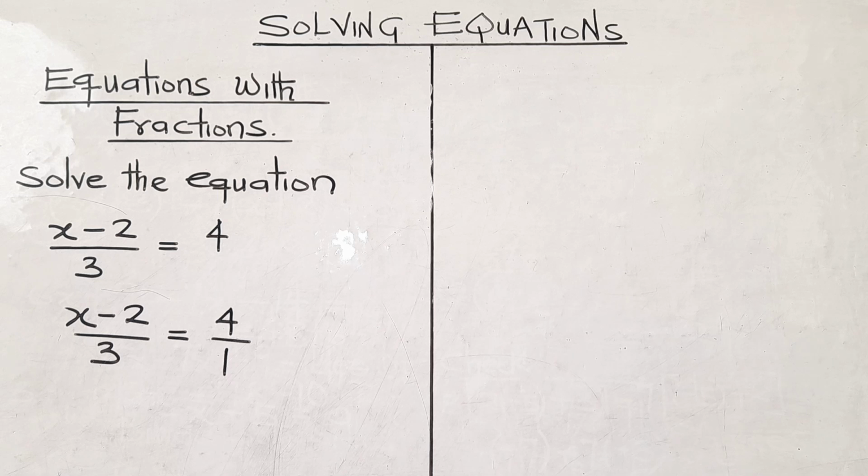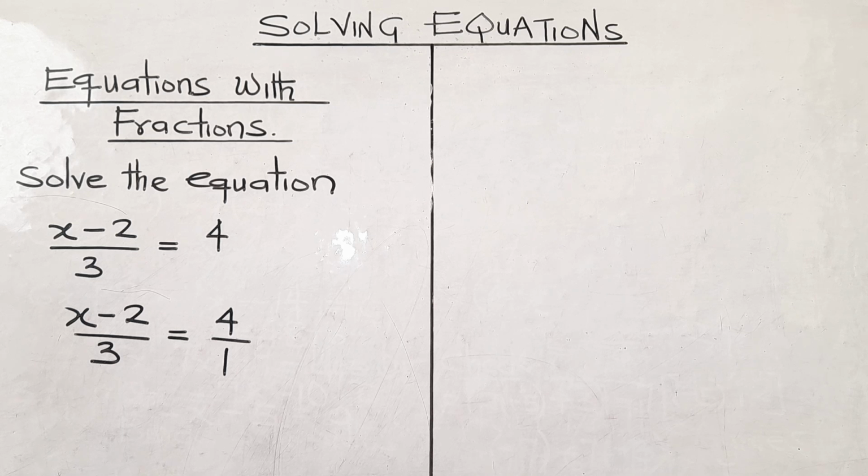What do we do? In solving fractions like this, we multiply both sides by the LCM of the denominator.